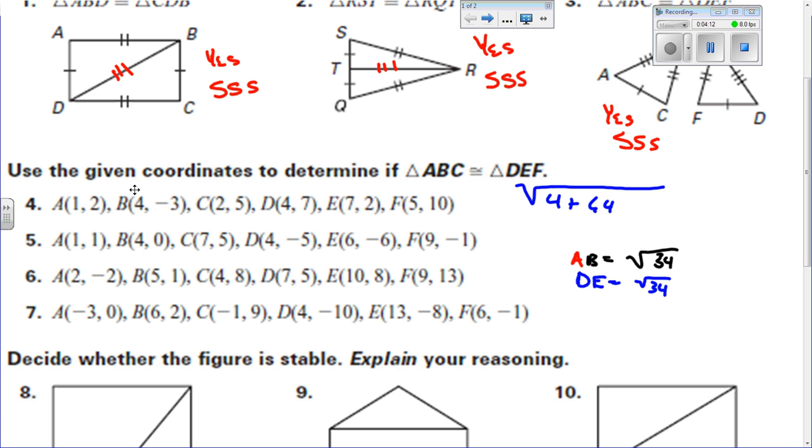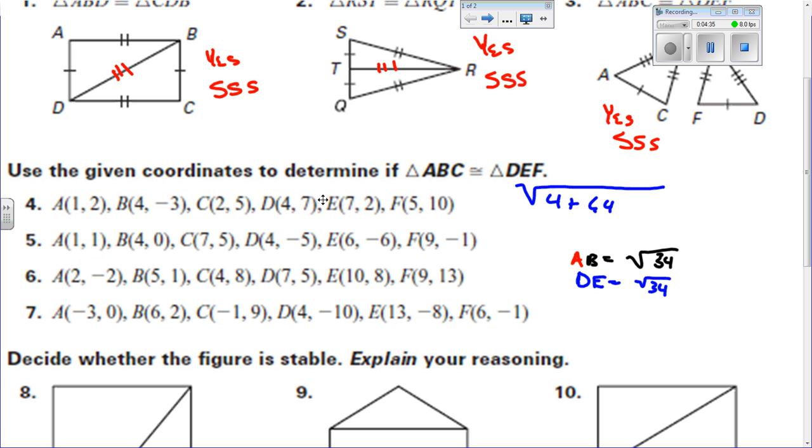Lastly, we have to check AC. So 1 minus 2, it's going to be negative 1 squared, which is 1. 2 minus 5, negative 3. Negative 3 squared is 9. So it gives you the square root of 10 for AC. We need to come up with the same thing here. 4 minus 5 is negative 1.